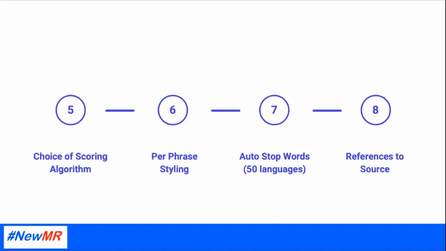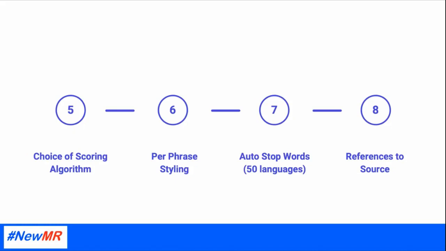If we look at weeks 5 to 8, we've been able to release the ability for users to select their scoring algorithm and the ability to customize individual phrases, which are two of the features that you saw Ray using earlier in the presentation. Very exciting. Word Cloud Plus will scan the source text, make a prediction as to what language is being used, and then load the appropriate stop words.